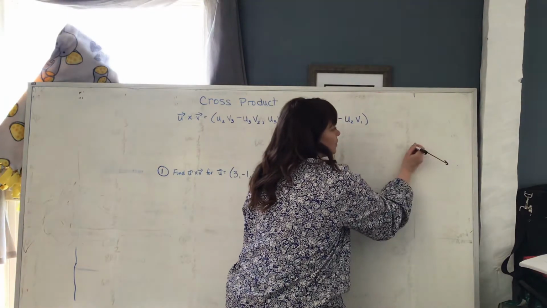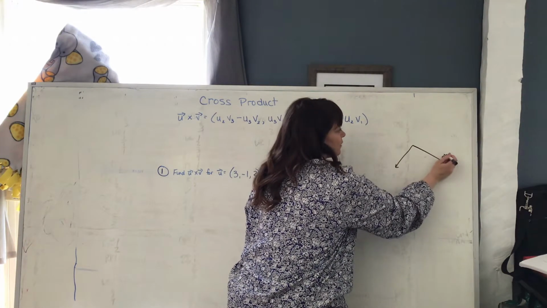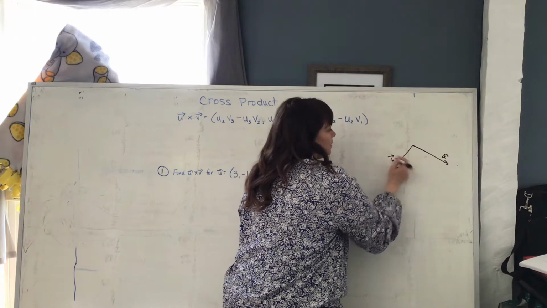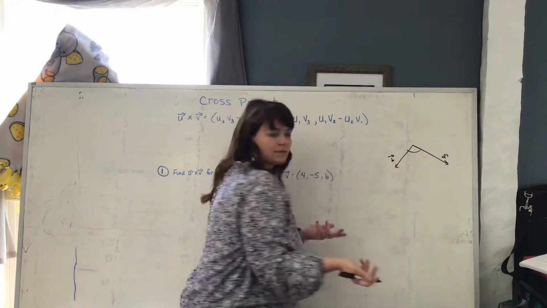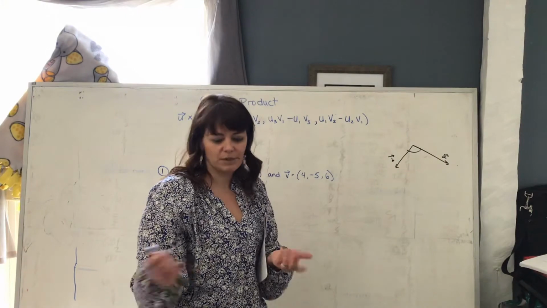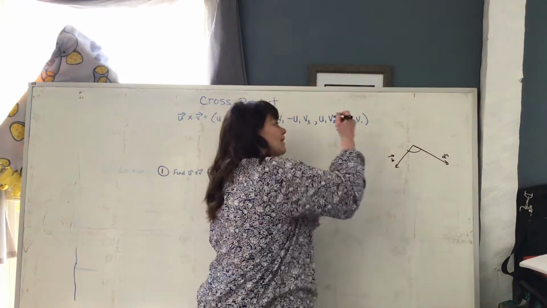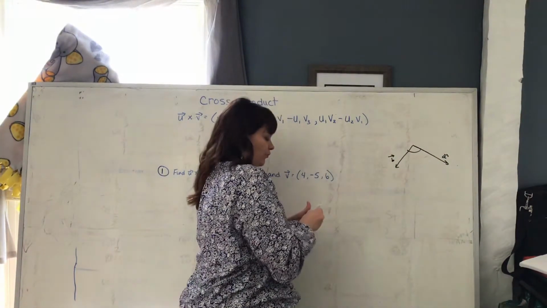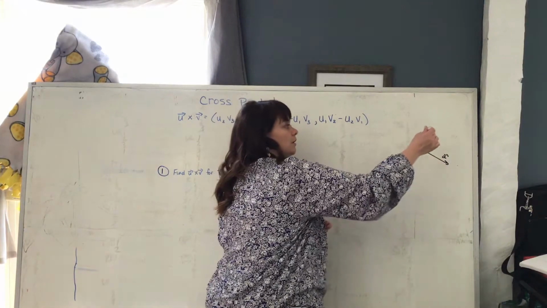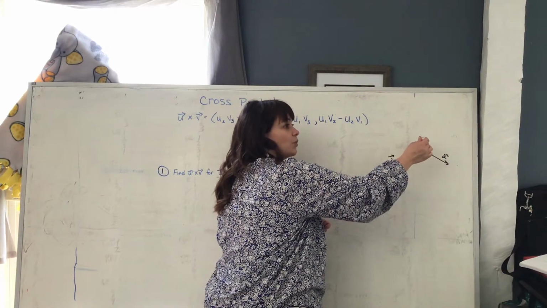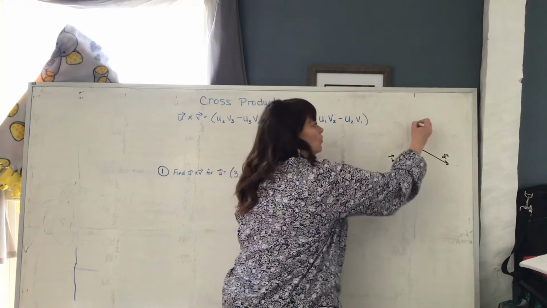So you have vectors, let's say vector A and B. This angle is anything, could be 90, doesn't have to be. What the cross product finds you is a third vector that is perpendicular to both.